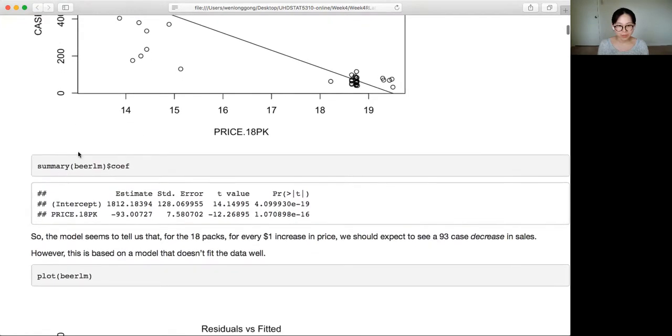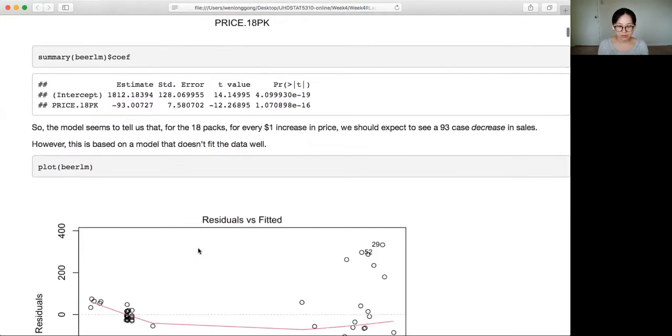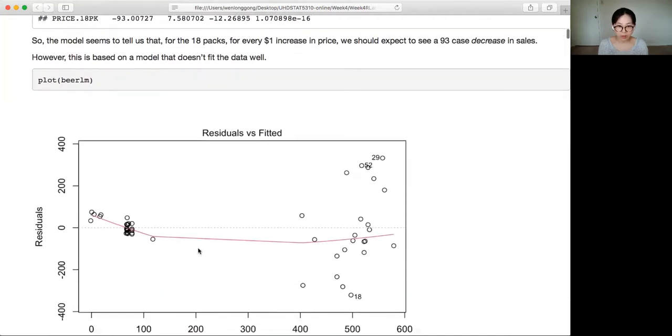Let's look at the summary, the estimated coefficients for now. This model seems to tell us that for the 18 packs, for every $1 increase in price, we should expect to see about a 93 cases decrease in sales. So this is negative, so it's a decrease. Well, this is based on a model that does not fit the data so well.